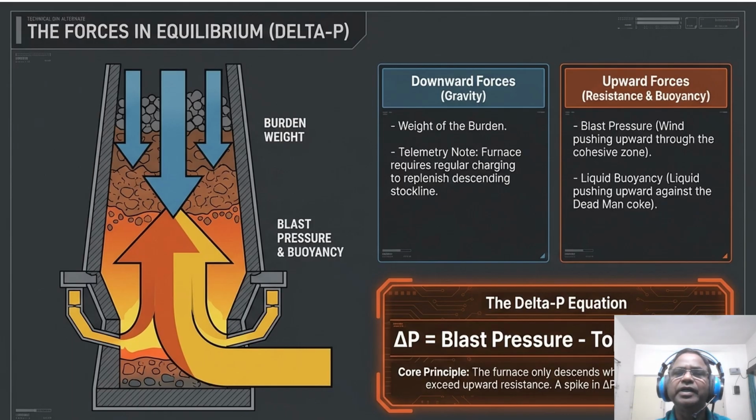A spike in delta P is a critical warning, and it means the stock line has halted most of the time. So it is a very clear and demarcating indicator in our operation of the furnaces. So monitoring of this delta P and timely action to make it stable is one of the most important prerequisites for all blast furnace operators.